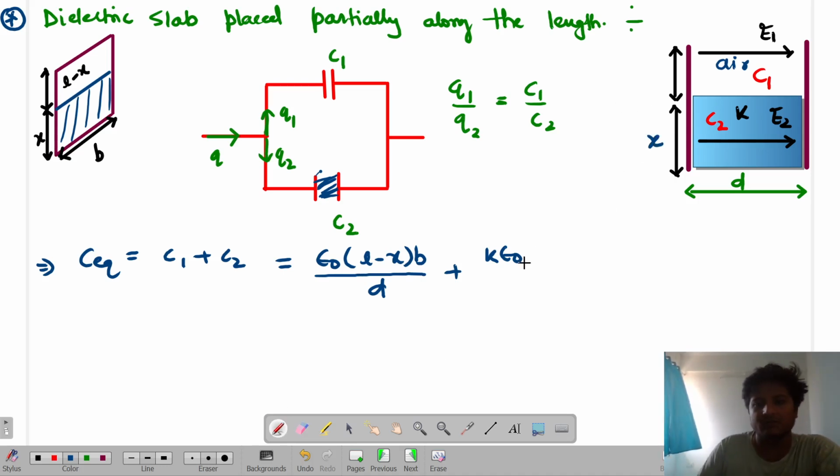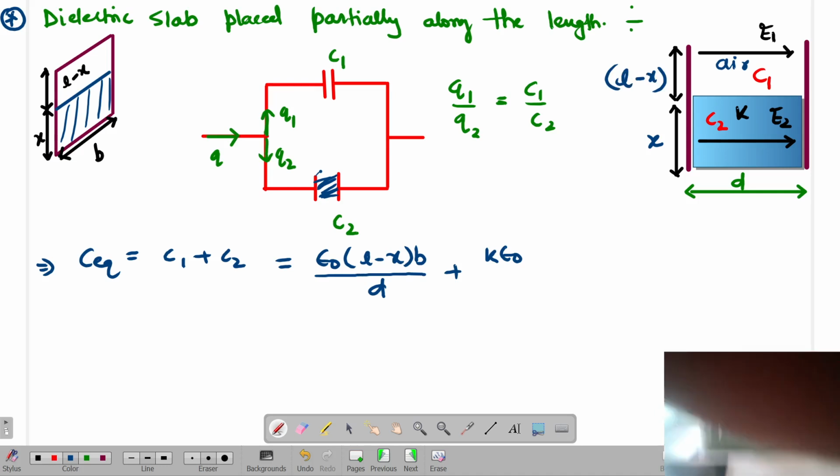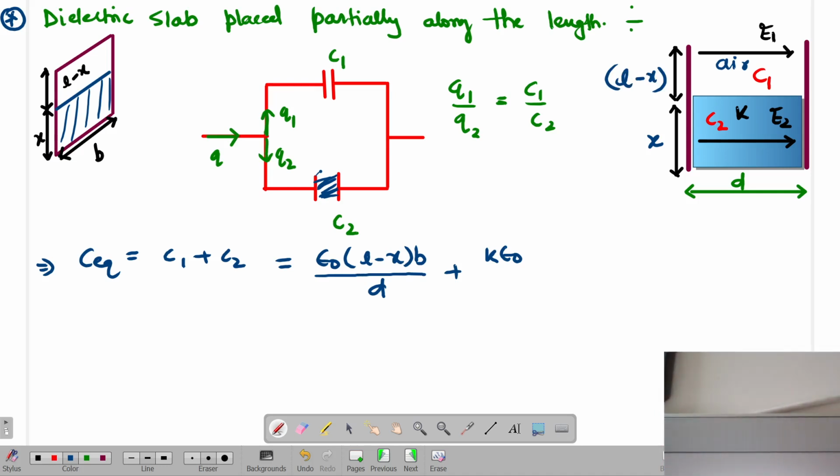Sorry, one is x. Another one is L minus x. 1 minute. 1 minute. There is someone on the door. Okay. Just 1 minute. Okay.